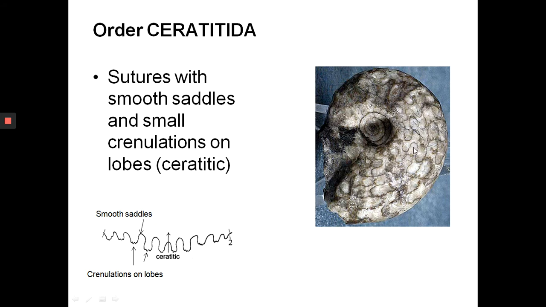Those are crenulations. So they are pointing in opposite directions: smooth saddles in this direction, and then pointy crenulated lobes in this direction. So this is a ceratitic suture pattern. These are younger relative to the goniatites.